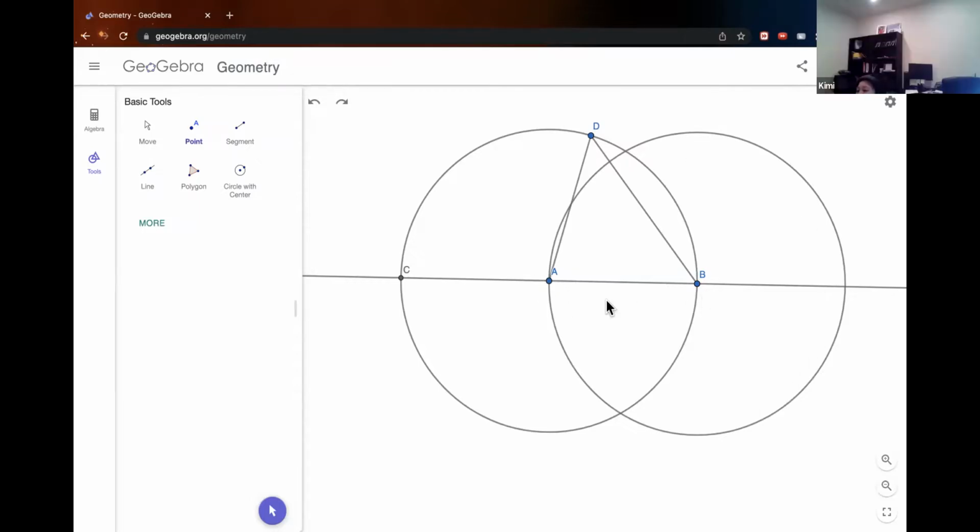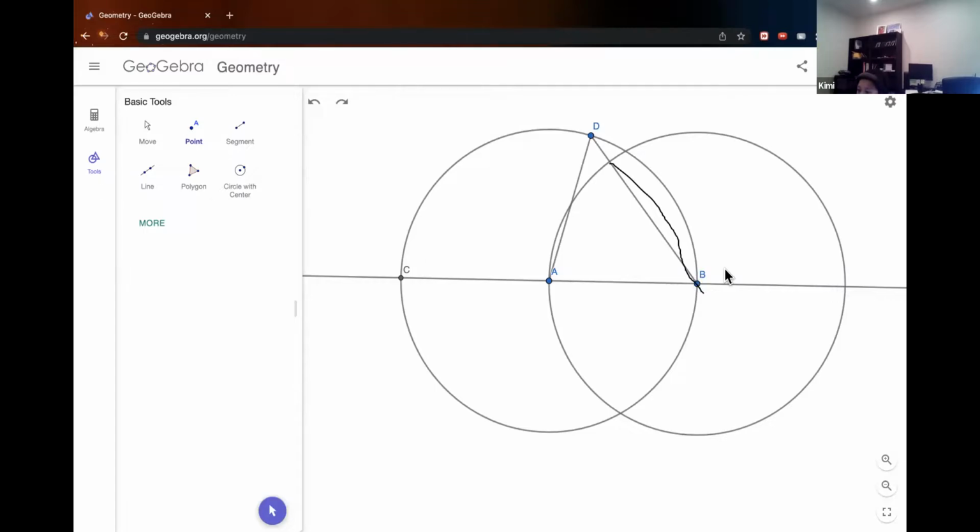Which means we can find the length of the other one. It is the same because we are putting the sharp point of our compass on B. So it has to be this long, because that's the radius of the circle.